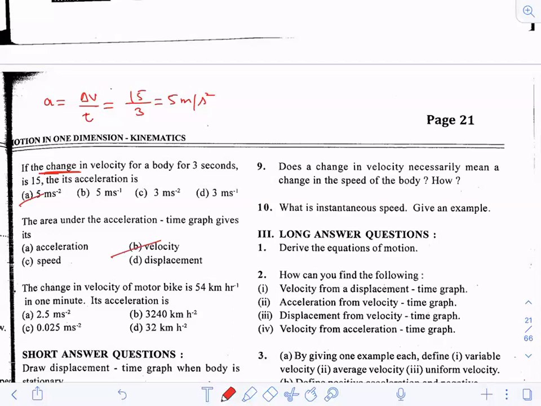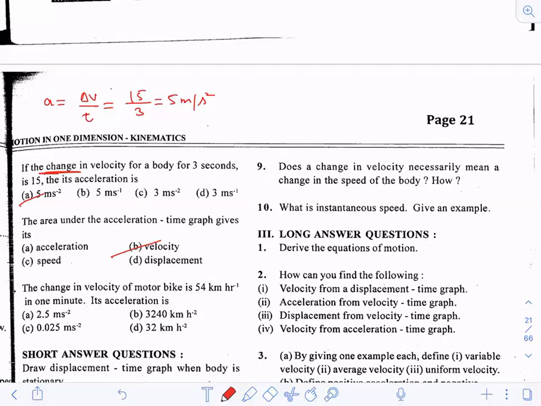And what will the slope give? Area is velocity, then what is the slope of the acceleration time graph? Jerk. Very good. Slope of acceleration time graph will give me jerk.